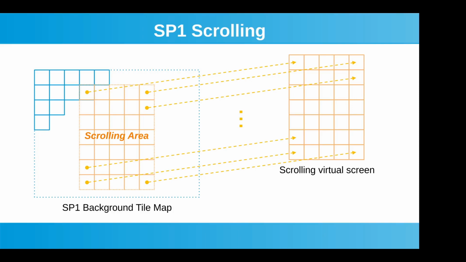If we do it this way, we have the two SP1 layers, the background and the sprite layer, all managed by SP1. And we can do whatever we want with the background since it's a virtual frame buffer, and in fact we are scrolling it. And SP1 will take care of updating it when needed. And as a bonus, it will include the sprites over it if we did put some sprites. So this is great.